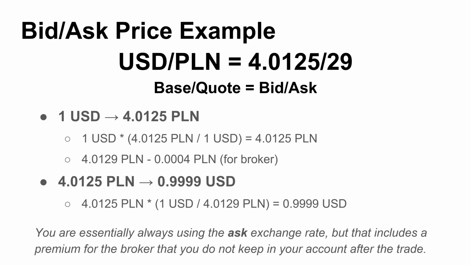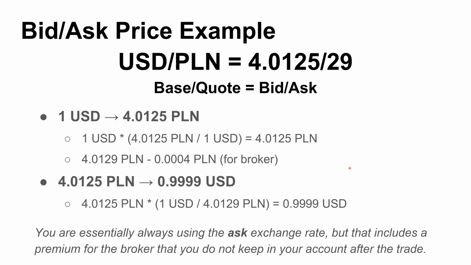So here's a more detailed step-by-step of the math we just did to exchange a US dollar for a Polish zloty and then re-exchange back to the US dollar. So first, starting with a dollar, multiply by the bid price to see how many Polish zloty you end up with in your account.